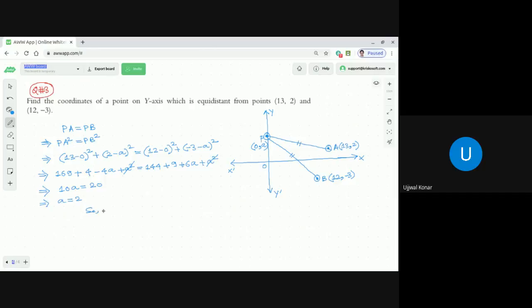So the required coordinate is 0, 2. All of you understood, dear students?